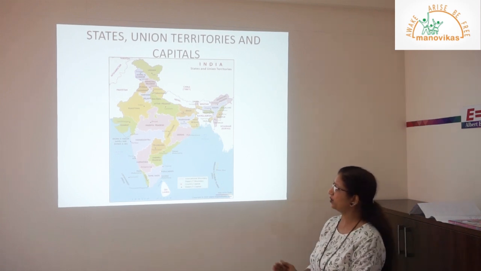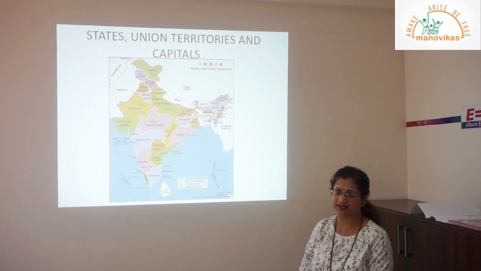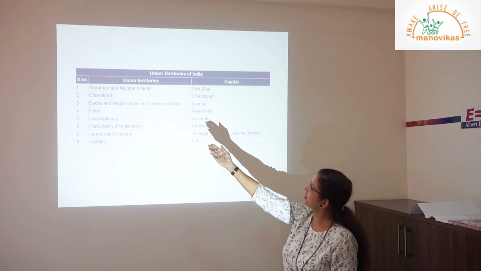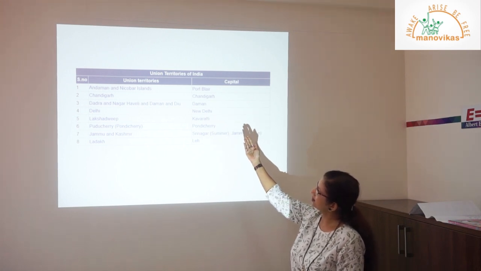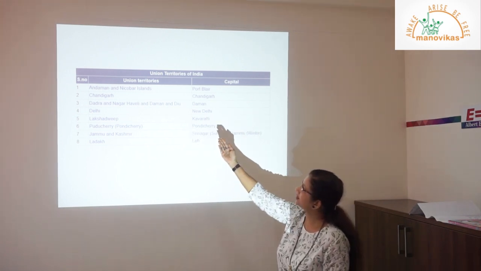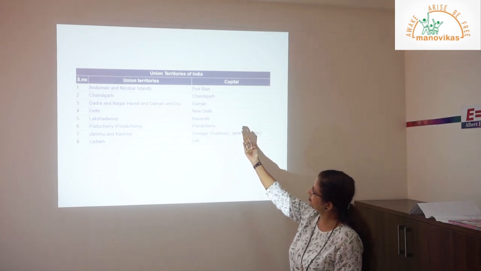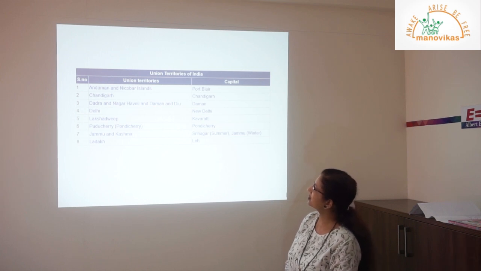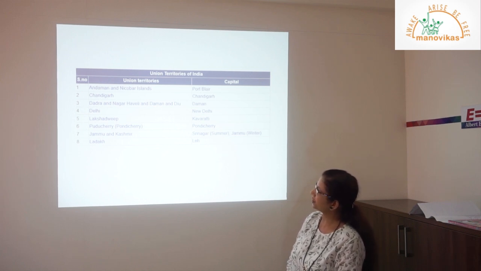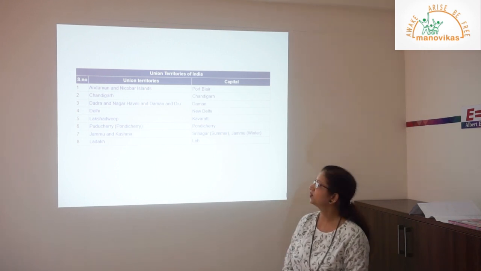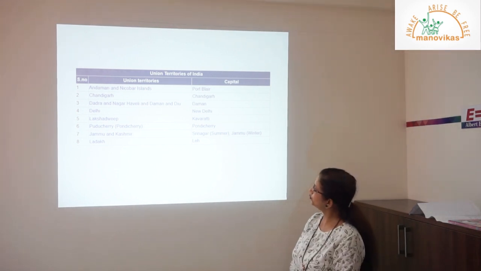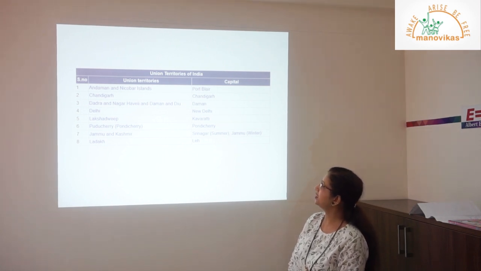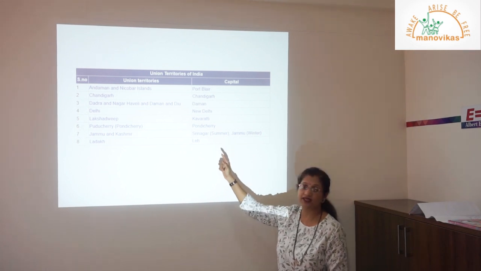Next, in this map only I will show you the Union Territories. Andaman and Nicobar Islands, Port Blair, Chandigarh, the capital is Chandigarh, Dadra and Nagar Haveli, Daman and Diu, Daman, Delhi is New Delhi, Lakshadweep is Kavaratti, Puducherry, the old name is Pondicherry, the capital is Puducherry only, Jammu and Kashmir, the summer capital is Srinagar.